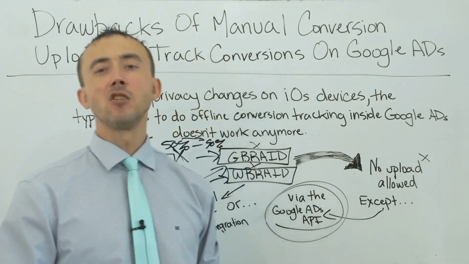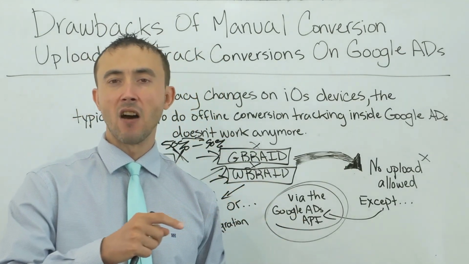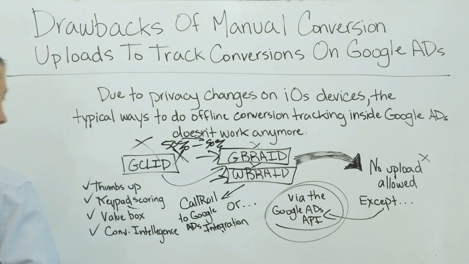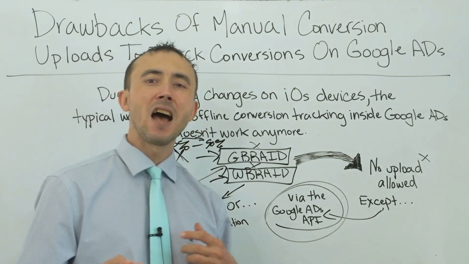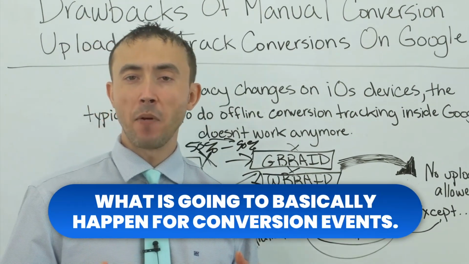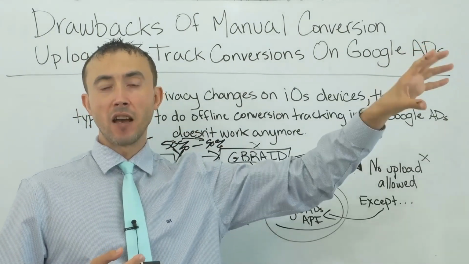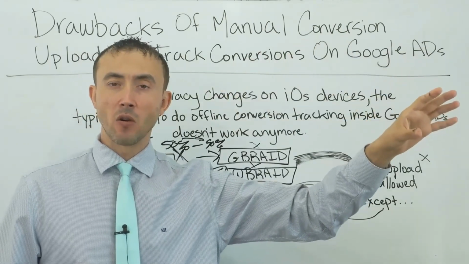But that's not the only way you can upload conversion data to your Google Ads account, even if you don't have the Google Click ID and you have the WBRAID or GBRAID. The other way is through keypad scoring. Through the CallRail to Google Ads integration, you can decide what has to happen for a conversion event to get sent to Google Ads. One of the ways we've done it in the past is to give our client keypad scoring, turning that on.